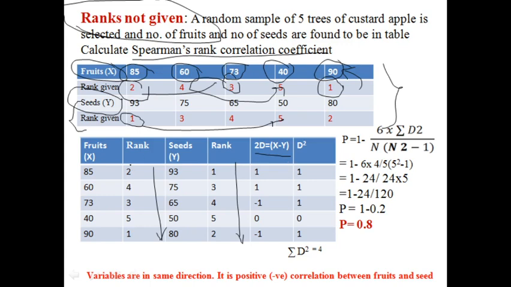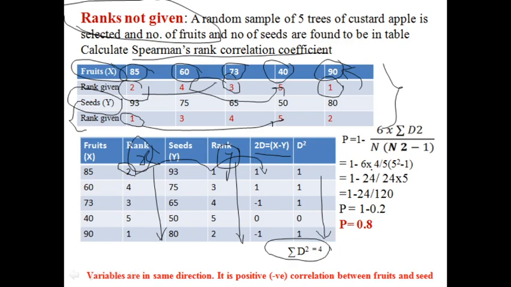But here, what is x and what is y? X is your rank for the fruit and y is your rank for the seeds, the y variable. So just 2 minus 1, you will get 1, and so on for all the calculations. And the last column is D square, so that you get the summation of D square.